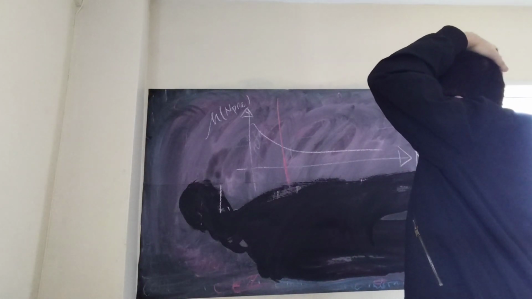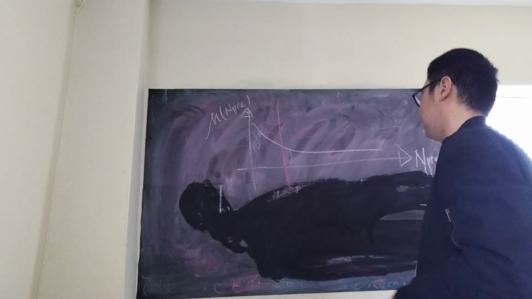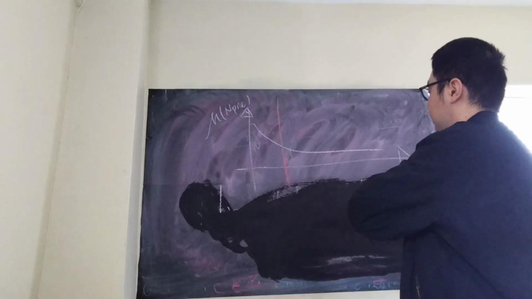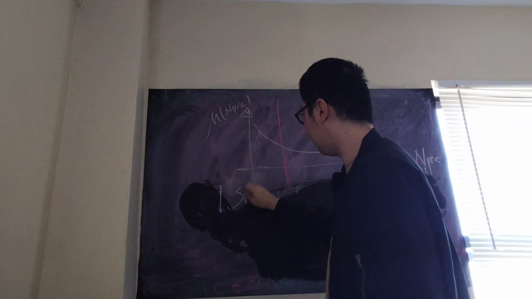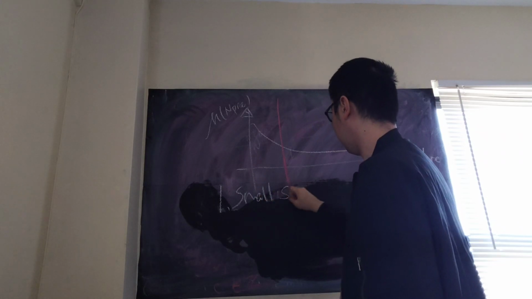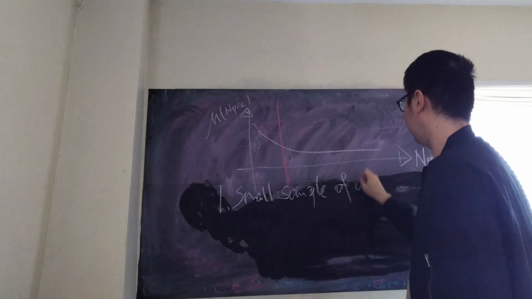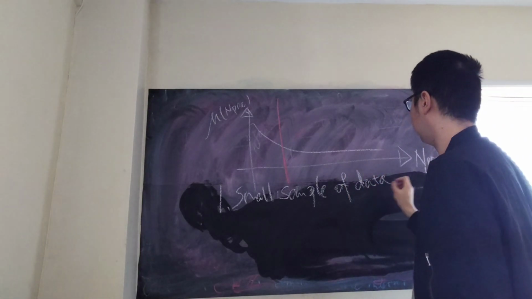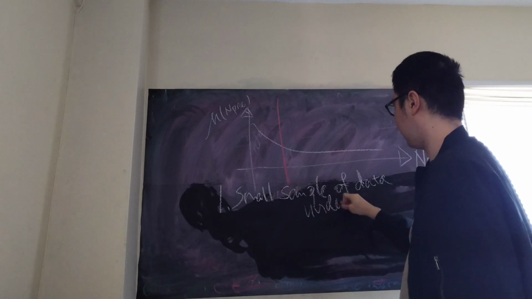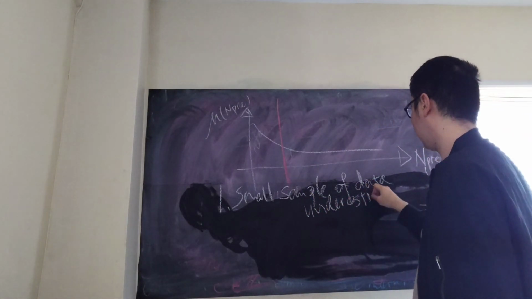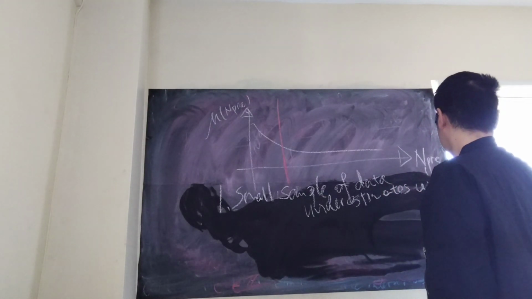The first one is that a small sample of data usually underestimates the worst case.